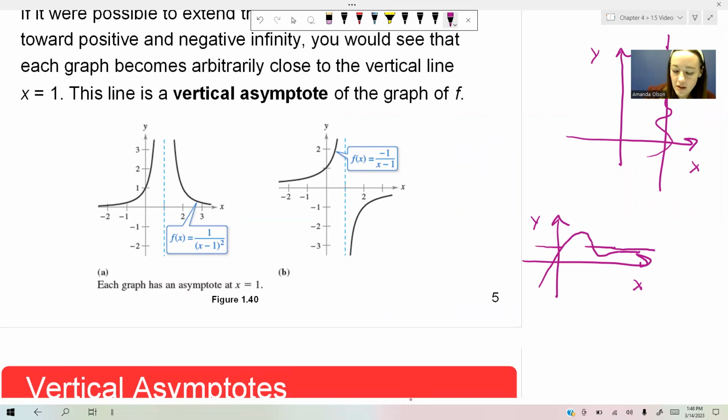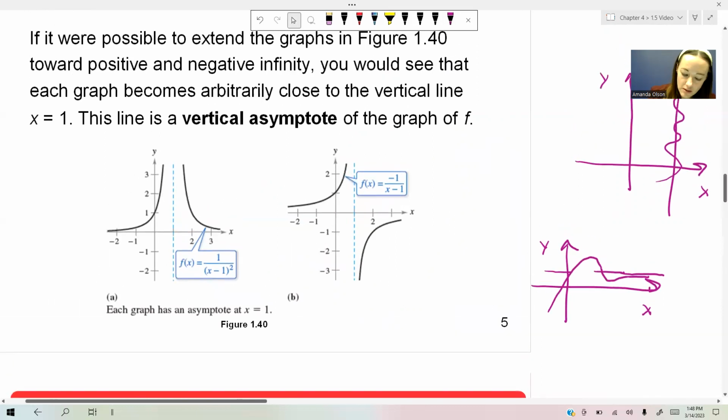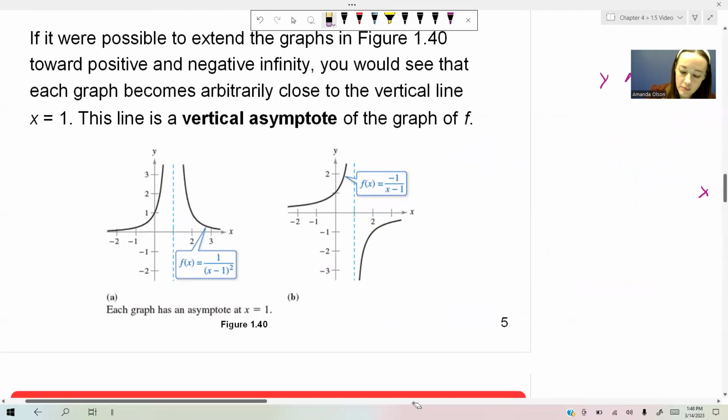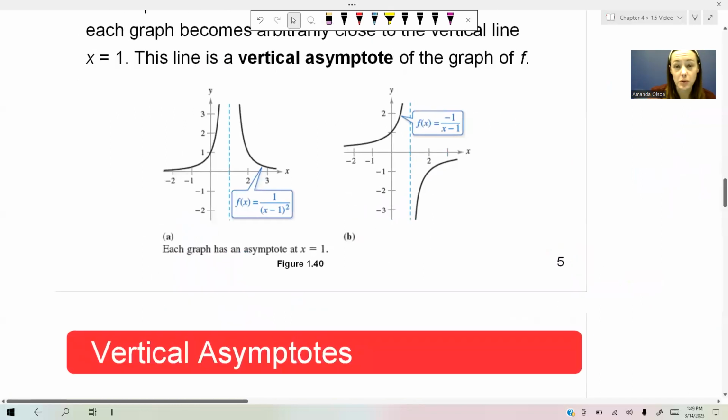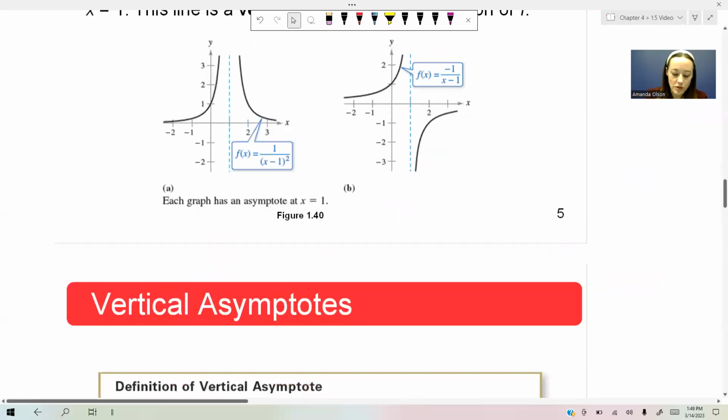Of course, that's not a vertical asymptote, that's a horizontal asymptote, but you could have your function cross at an asymptote. So you could have your graph touch an asymptote, and you're really just focusing on the end behavior at some sort of infinity, whether it be y approaching infinity or x approaching infinity. In this case, we're looking at x approaching a given constant, and then we have y approaching infinity.